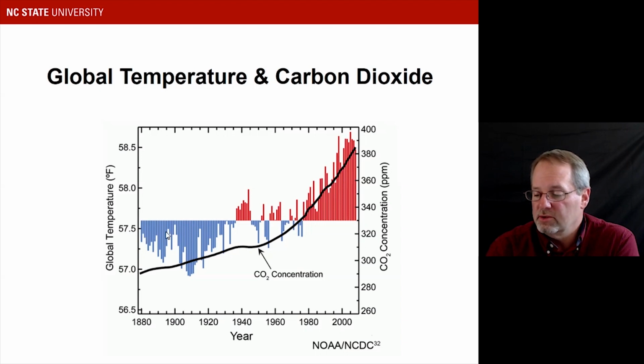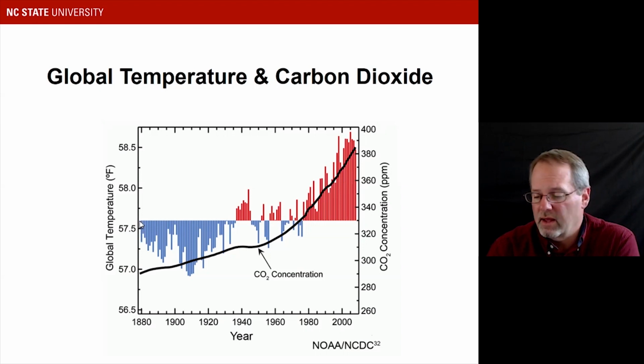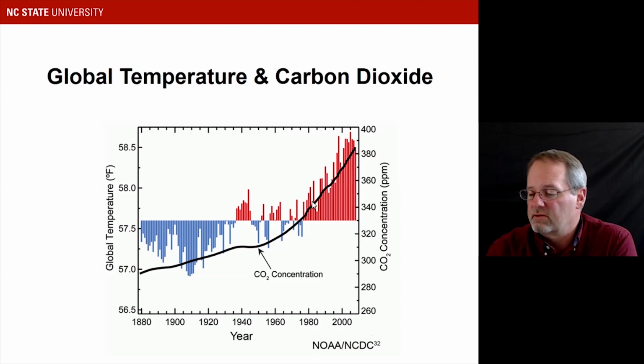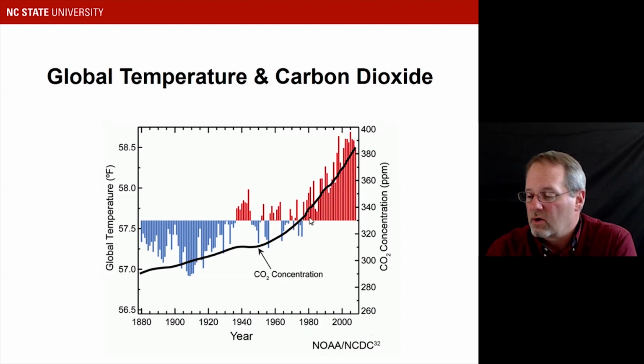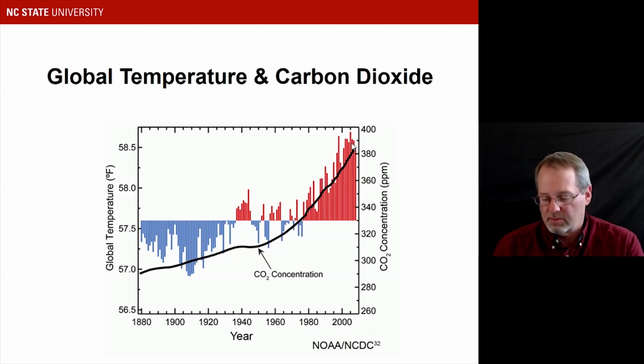The blue lines are annual averages below the average temperature, and the red are hotter than average years. You can see a very strong trend of hotter average annual temperatures, and that correlates very strongly with the carbon dioxide concentration in the atmosphere.